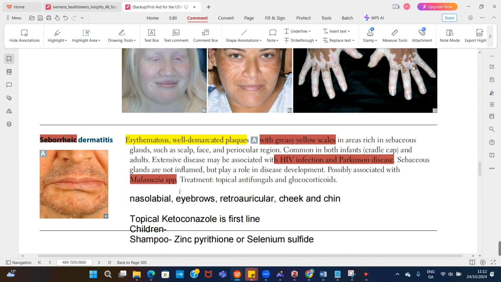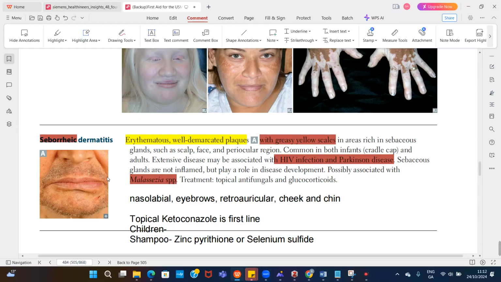Do not forget. And what is the problem in seborrheic dermatitis? Colonization with Malassezia species. So that could be Malassezia furfur, Malassezia globosa, anyone they put in the question, but it's going to be Malassezia. It is a fungus that is a normal flora of the skin.